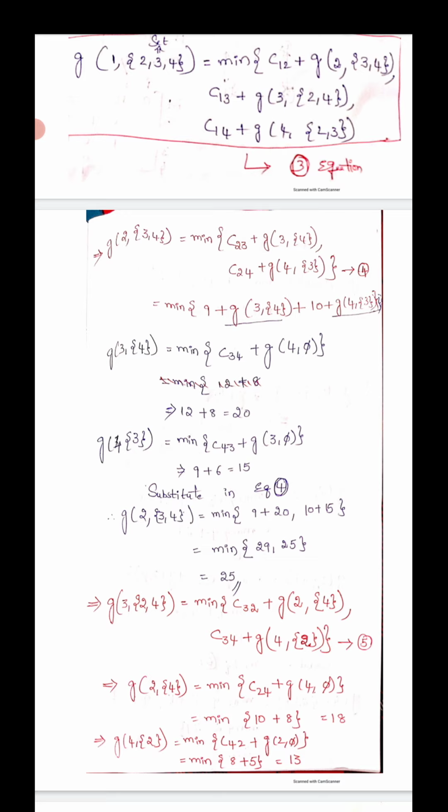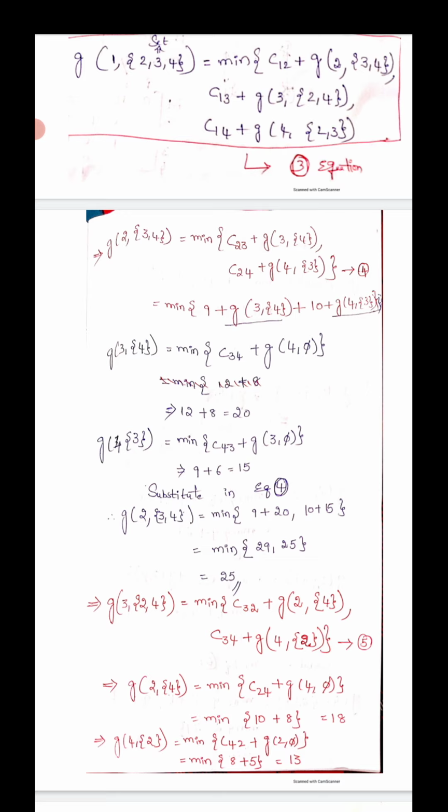Listen carefully, otherwise we can't understand. Okay, now we want to find g of 2 comma 4. By using equation 2 we find minimum of c suffix ij, c suffix 2 4 plus g of j, in the sense 4 comma set 4 minus j, in the sense 4, we get 5.